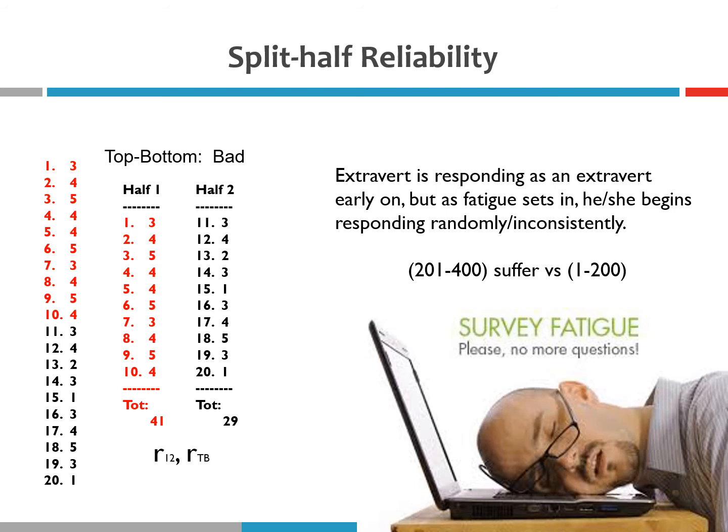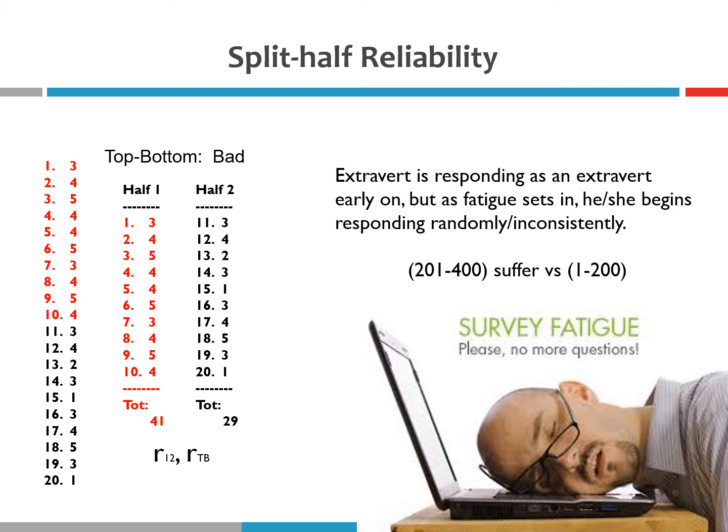But then something interesting happens when you get to the bottom half of the questions. Suddenly their responses become much less consistent and much more random, right? We've got a few 3s and 4s, but we've also got 1s and 2s.